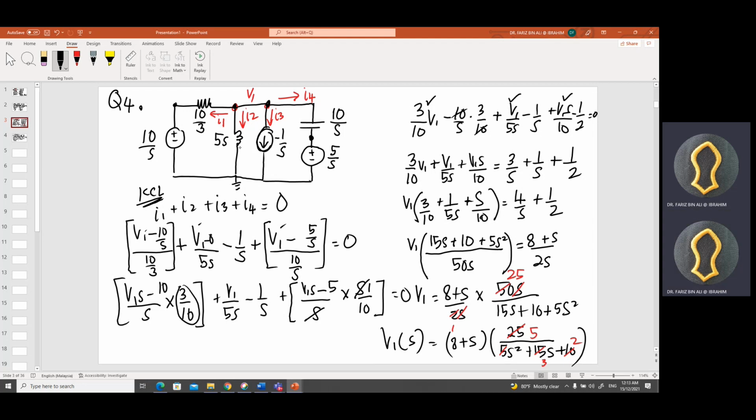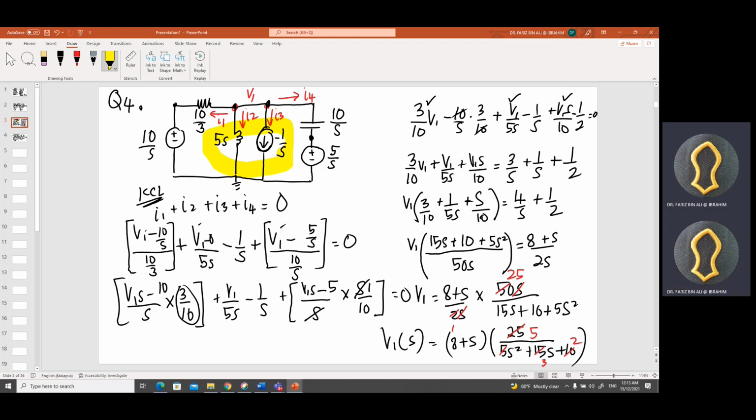Sorry, 5s is the inductor, but don't forget the initial condition of the inductor as well, which is minus 1 over s. So it is not only 5s.